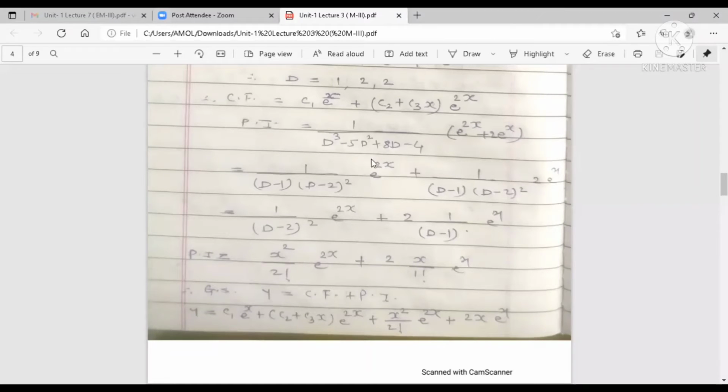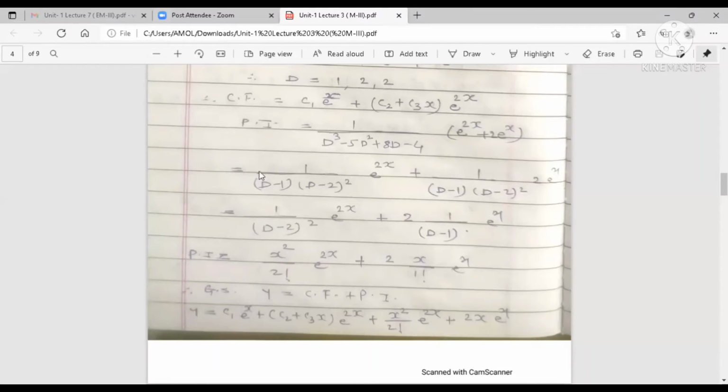So replace D by 2. If we replace this D by 2, 2 minus 2 will be 0. So it is the subcase 1 upon (D minus a) to the power r into e raised to 2x. The factor and the coefficient both are the same here. In the first factor, if we replace D by 2, then 2 minus 1 is 1.